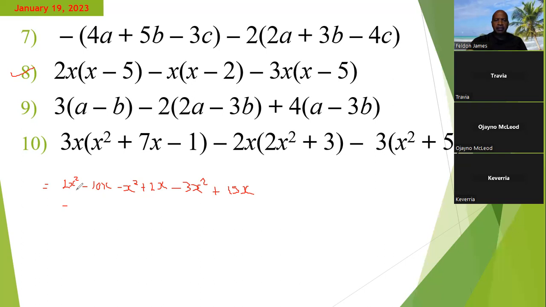Walk me through what you're doing first. We have 2x squared, minus x squared, minus x squared, minus 3x squared.